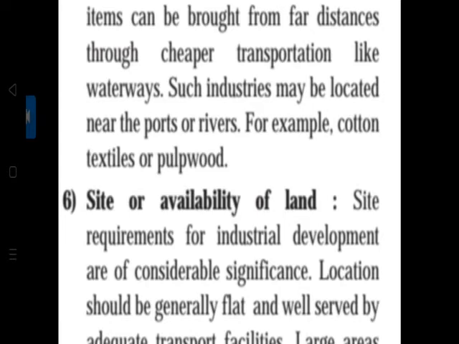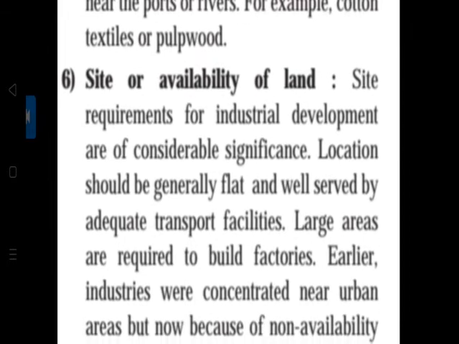Site or availability of land. Site requirements for industrial development are of considerable significance. The place where you're going to construct or establish an industry, factory or plant is very important. Location should be generally flat and well served. Flat means it should be on a plain surface and well served by adequate transport facilities.